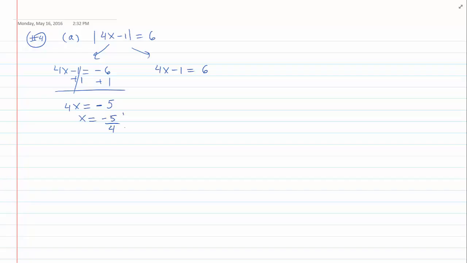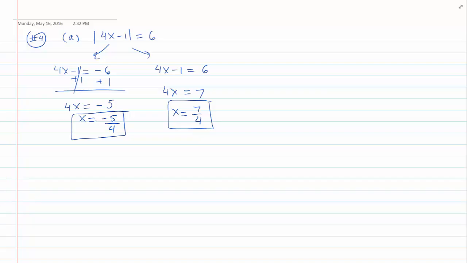All right, and over here, 4x equals to 7, and x equals to 7 over 4. Okay, all right. So these are our two results. And then if you quickly check it, it looks like it's working. You're going to get the absolute value of negative 6 and 6 for both of them. Check out. Now I recommend that you check all of these.